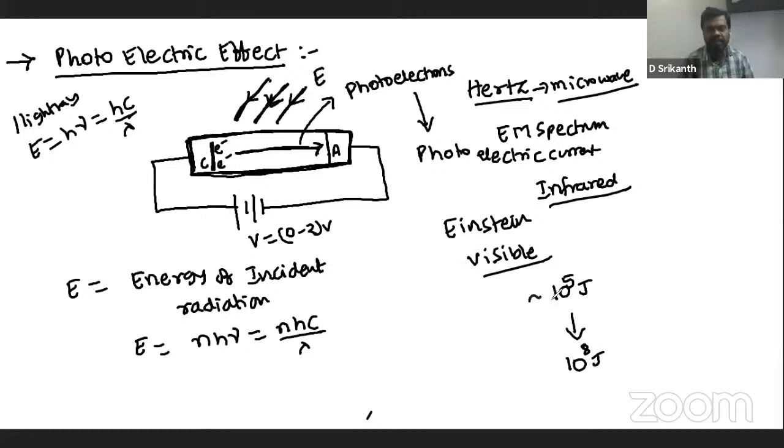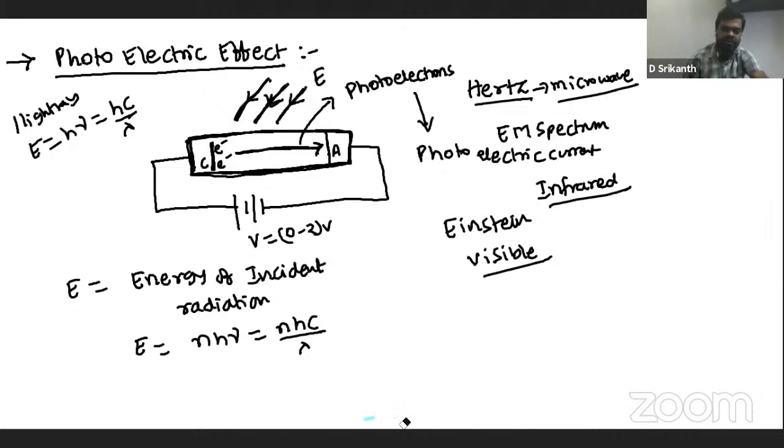Approximately 10 power 5 means the metallic surface can absorb the energy, but if you supply greater than that, like 10 power 8 or 10 power 9, then the metallic surface will not absorb.